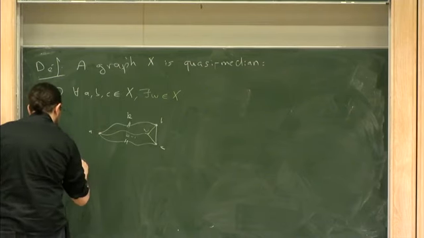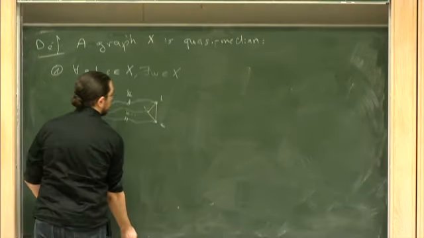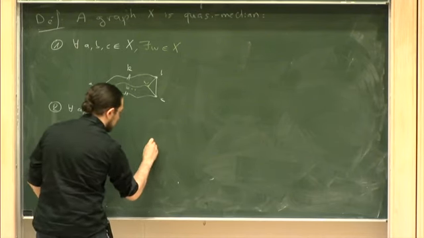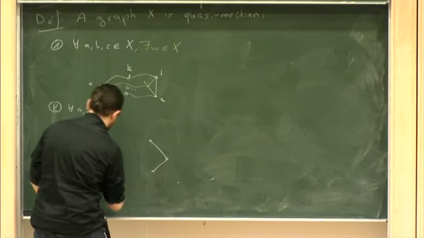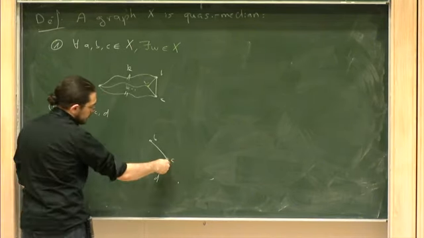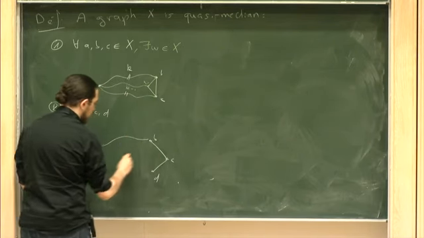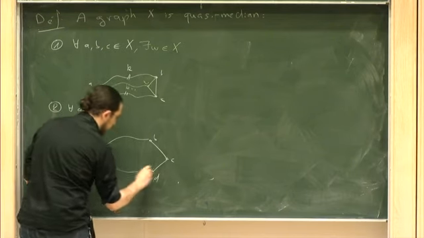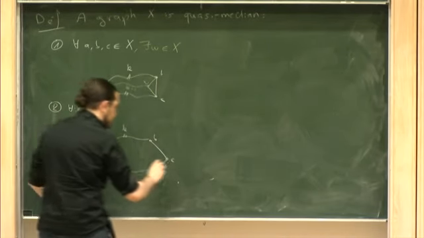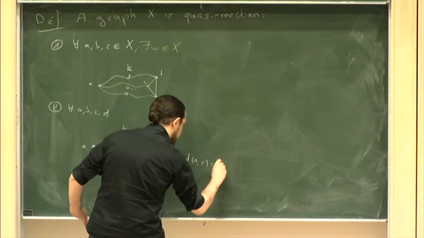For every four vertices A, B, C, D, so you have something like that. So you suppose that C is adjacent to B and D, and that the distance between A and B is equal to the distance between A and D, say K. Okay, you suppose also that the distance between A and C is equal to K plus 1.